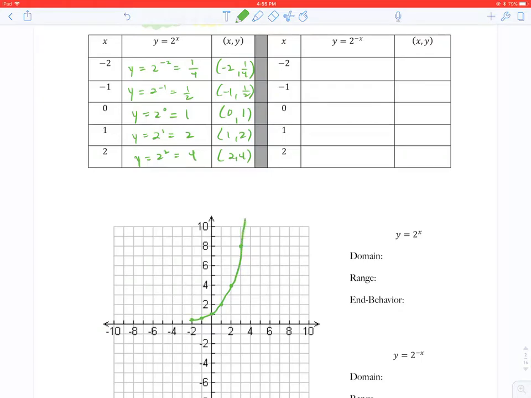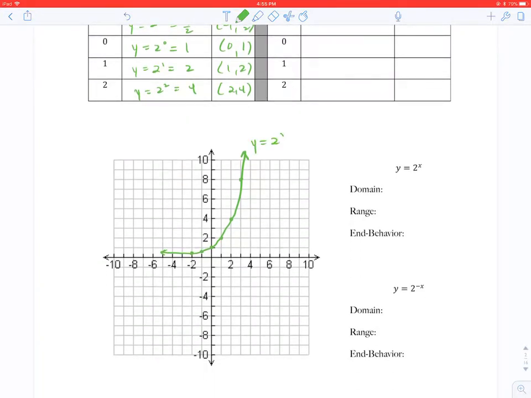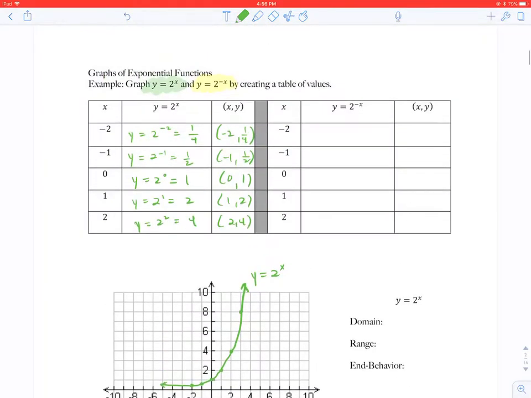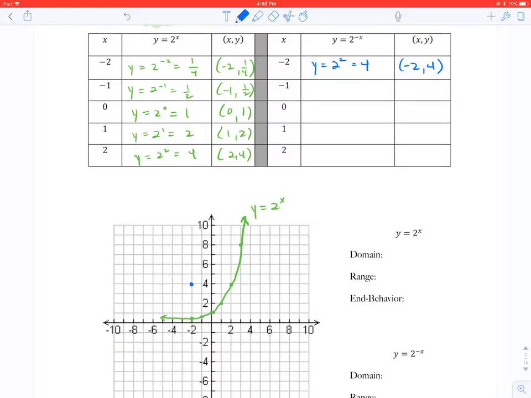And then I can draw the curve that passes through those points. Okay, so this is y equals 2 to the x. And then filling in the table for y equals 2 to the negative x. 2 to the negative x, that would end up being 2 squared, which is 4. That would end up being 2 to the first, which is just 2.